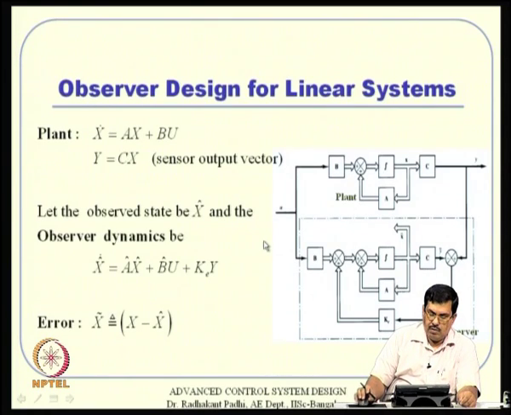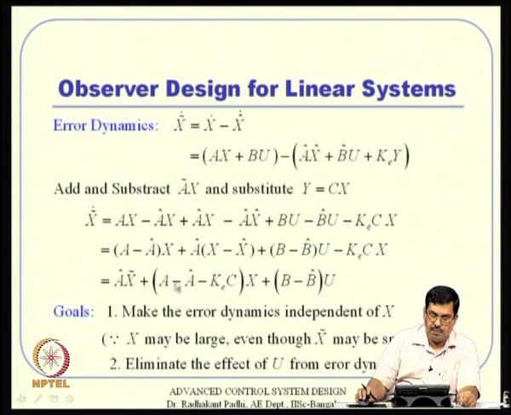So, in an observer design for a linear system, we have a system plant like that. We propose that an observer dynamics be constructed like this, where k is an estimator gain, and then we discussed the error being x minus x hat. Hat is the estimated information, x is the true information. Then you go through this error dynamics and try to make sure that the x tilde dot is not a function of state and control.